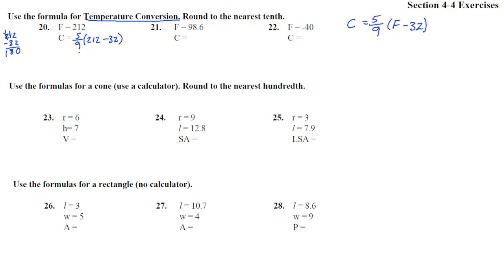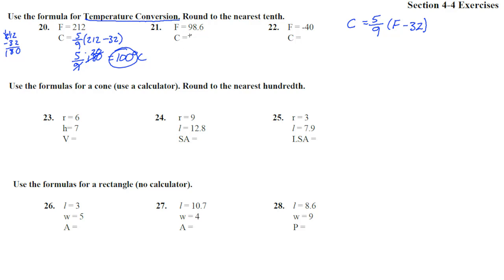So that's 5/9 times 180, or 5 times 180 divided by 9. Oh, hey, look, we can cancel the 9 and leave a 20. So we get 5 times 20 equals 100. 100 degrees Celsius.